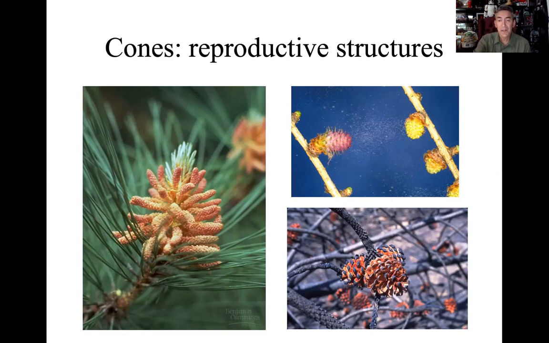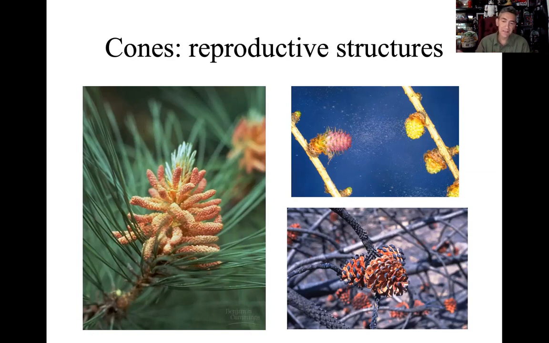So in the spring, you will see these yellow little male cones that are sending pollen, and any time the branches are moved by the wind, this pollen is sent out. Once we have fertilization, the seeds are ready, a lot of the cones will open up naturally. Some of the cones will rely on heat. These are what we call fire-adapted trees or plants.